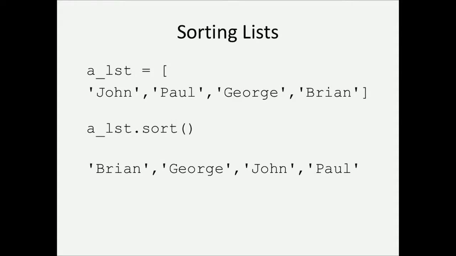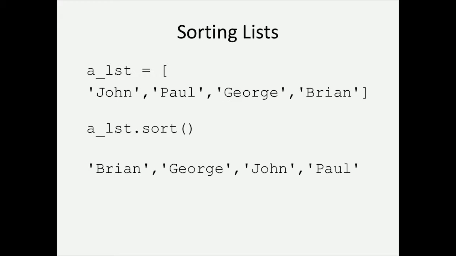Now, another cool thing about lists is, assuming you use compatible data. Remember, you can't intermix numbers and strings and expect it to sort. But another cool thing about lists, lists support all kinds of methods. And one of the most useful is sort. So I have this list, John, Paul, George, and threw in this guy named Brian.